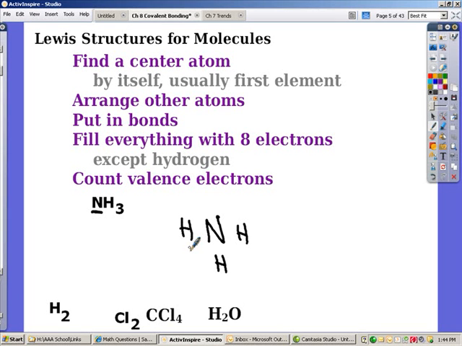Next step, let's put in our bonds. Each of these hydrogens is bonded to that nitrogen, so I have to put in 2 electrons for each of the hydrogens and the nitrogen. Again, let me do a little Venn diagram here so we can see. Here's my nitrogen and the electrons that are around nitrogen, and here are each of the hydrogens.